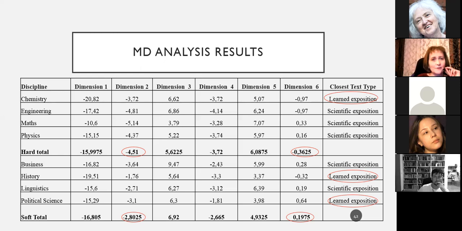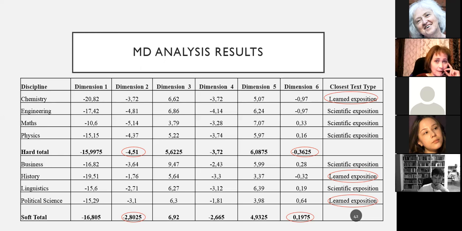Second, at first glance, it appears that there is no particular trend as regards the indices for the dimensions for hard and soft sciences, except dimension 2, that is narrative versus non-narrative concerns, as you remember, and dimension 6, online informational elaboration. As you can see, both hard and soft sciences evince negative mean factor loadings on dimension 2.